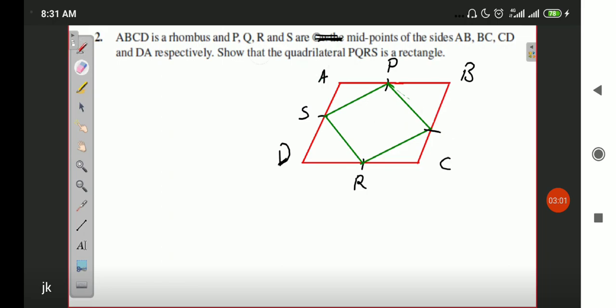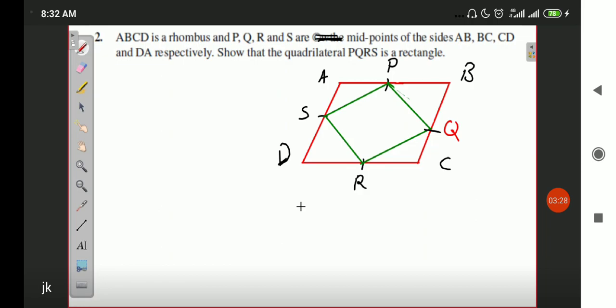The steps for proving PQRS is a rectangle will be almost the same as we used in the previous question. We are going to divide this question into two parts. First part will be to prove that this PQRS is a parallelogram, with the same number of steps as in the previous question.